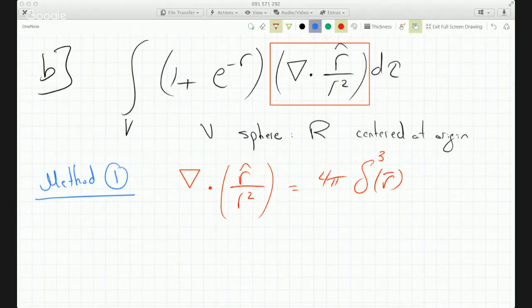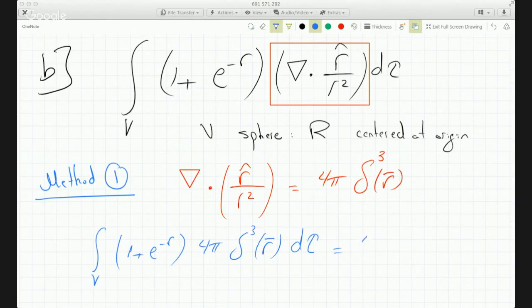So now the integral becomes V, 1 plus e to the minus r, and this whole thing is just 4 pi, right? Dirac delta function of r d tau.